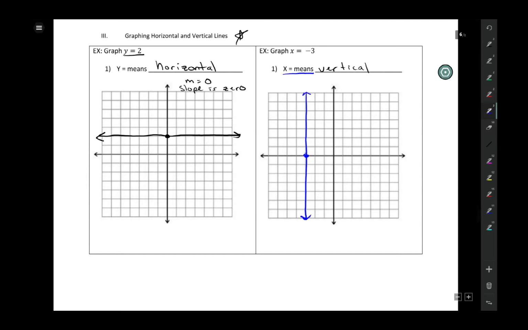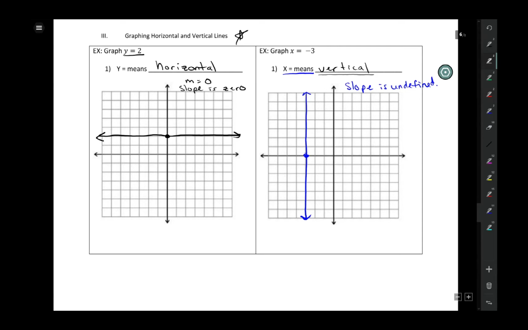Now, when you see slope is undefined, that is what is being referred to for a vertical line. So this has an undefined slope because it's not defined, there's no run to it. You can't drive your car on it, sometimes thought of.